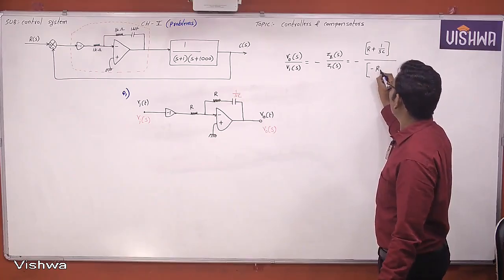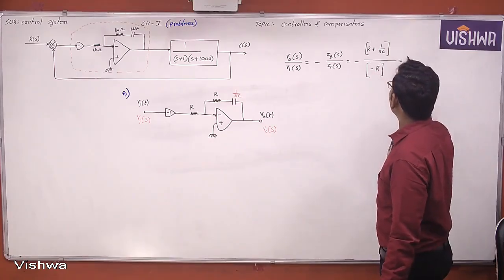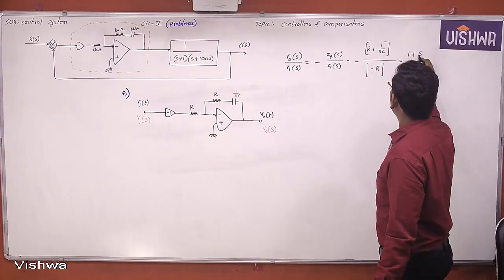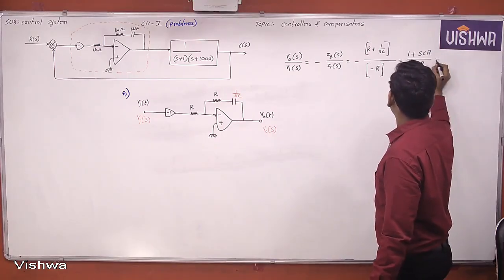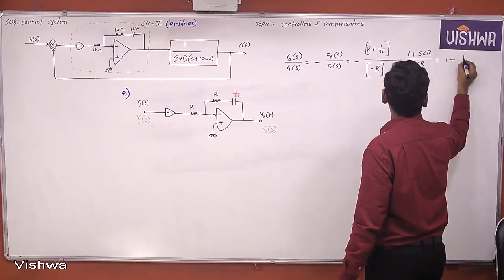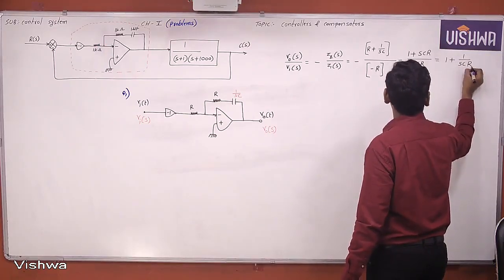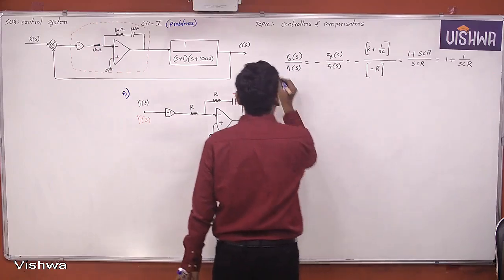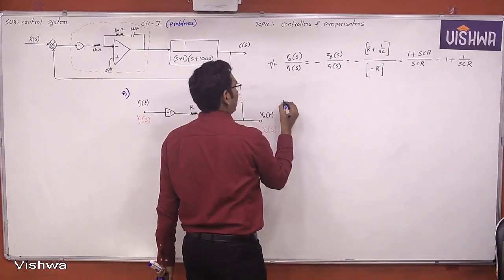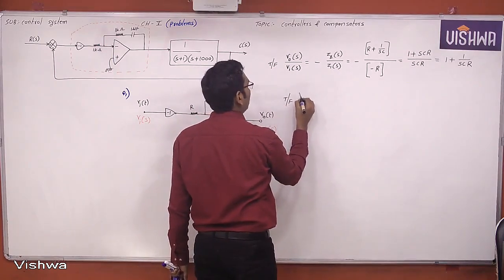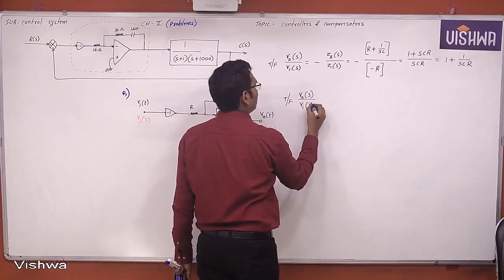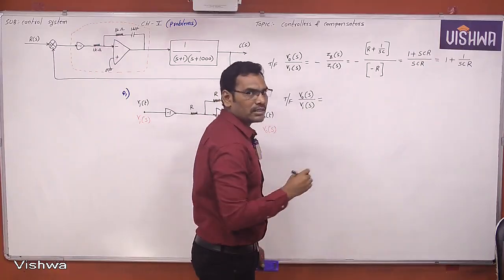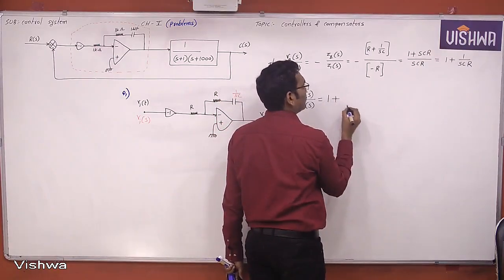So minus R, minus minus cancel, 1 plus SCR by SCR, which is equal to 1 plus 1 by SCR. This is the transfer function, Laplace transformation of output by Laplace transformation of input.